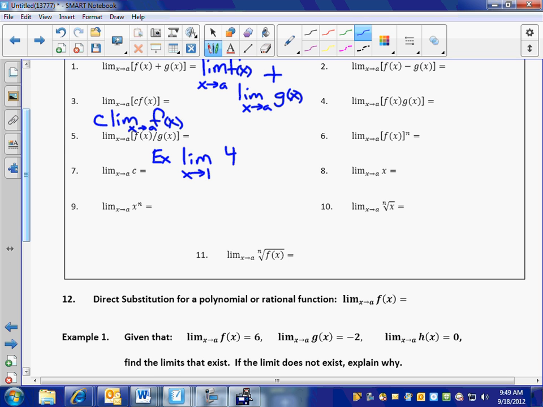A straight line, horizontal line. What is the output of that all the time? 4. So what's the limit going to be as x approaches 1? 4. What's going to be the limit as x approaches negative 20? It will always be 4. So the limit as x approaches a of a constant will always be equal to that constant.